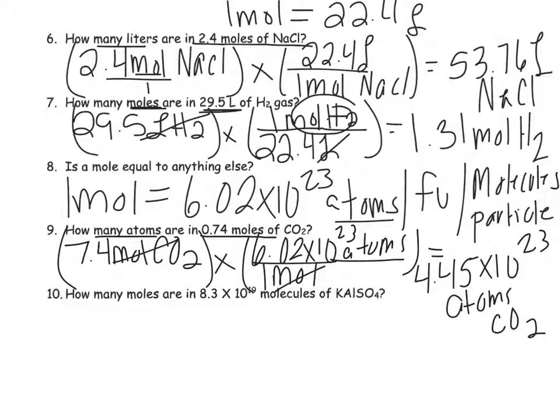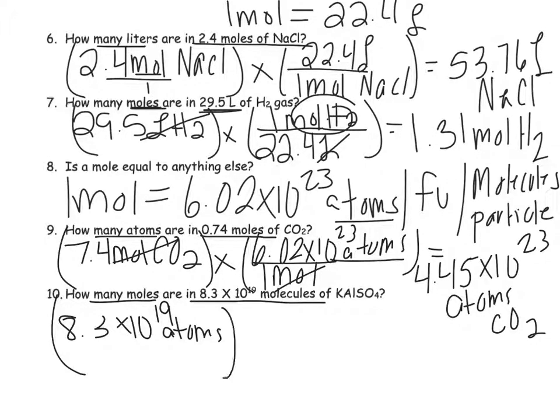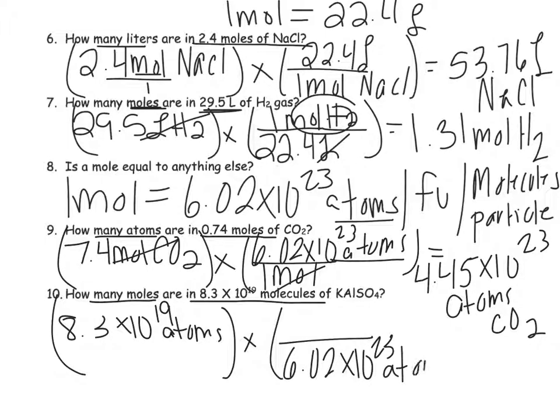Okay, and the last one here is how many moles. So we're going to mole island, and it gave us molecules. I have 8.3 times 10 to the 19th atoms. There are 6.02 times 10 to the 23rd atoms in 1 mole of this potassium aluminum sulfate.